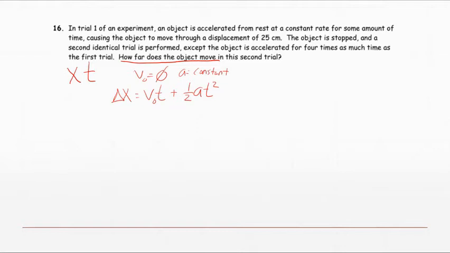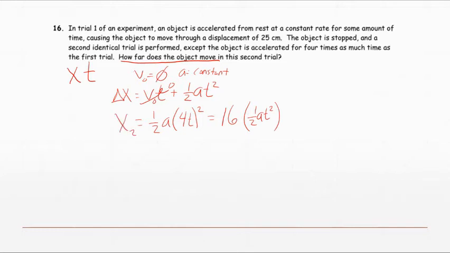So if I have 4 times as much time, this term is going to cancel, and I end up having 1/2 a (4t) squared, and that's going to give me 16 times 1/2 a t squared.